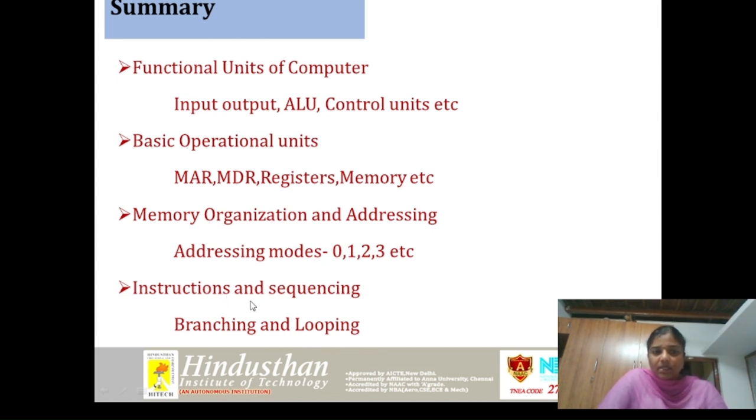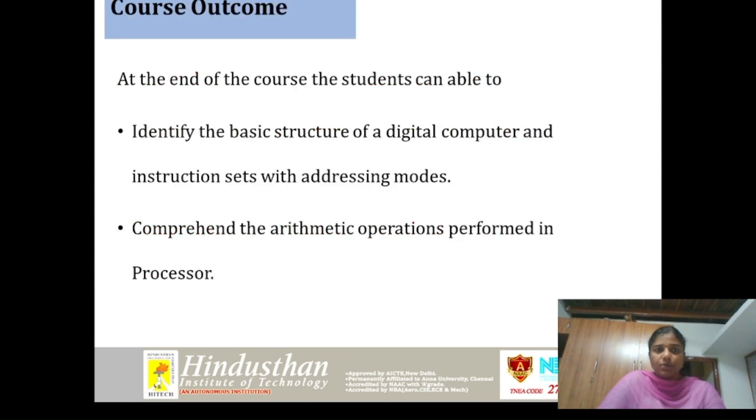The last was instructions and sequencing, where we saw two types: straight line sequencing and branching instruction sequencing, with a few examples.